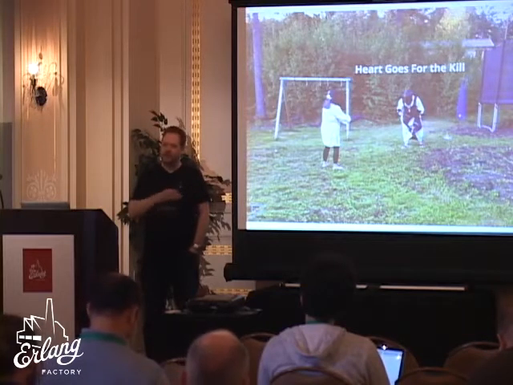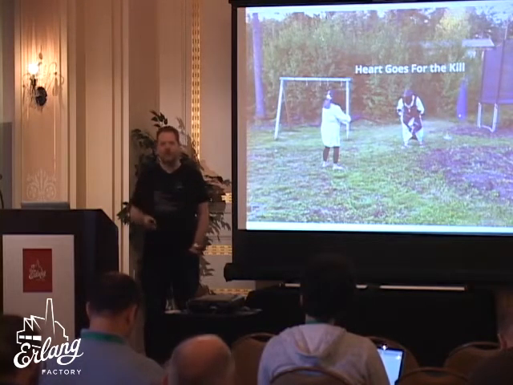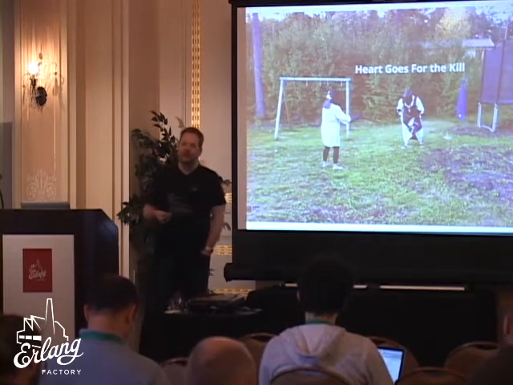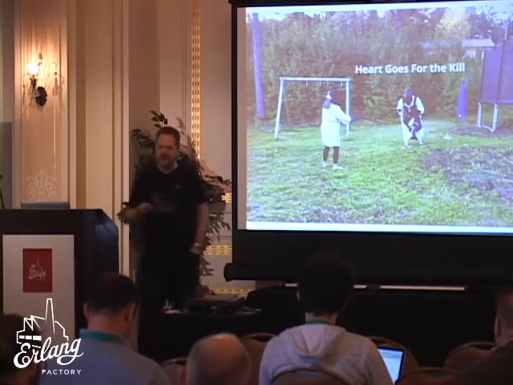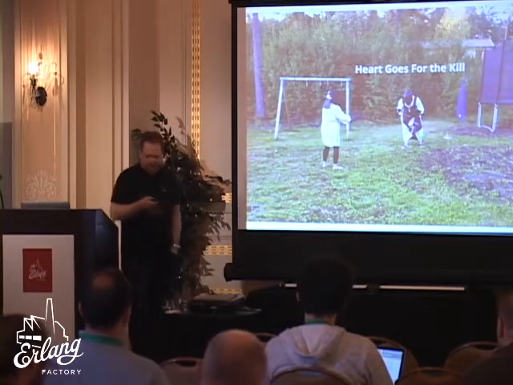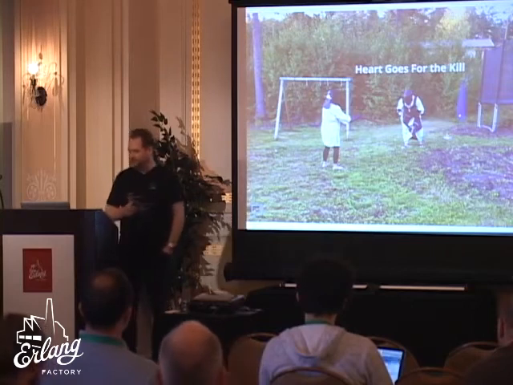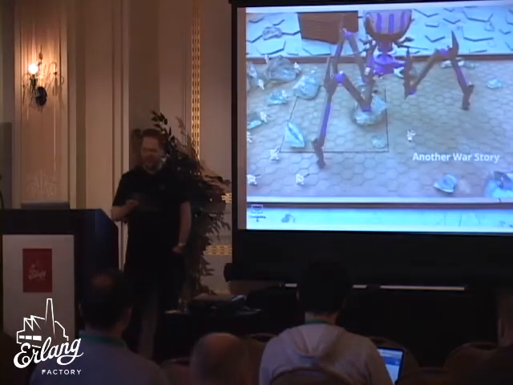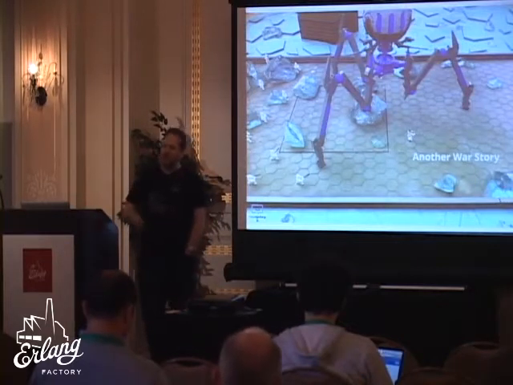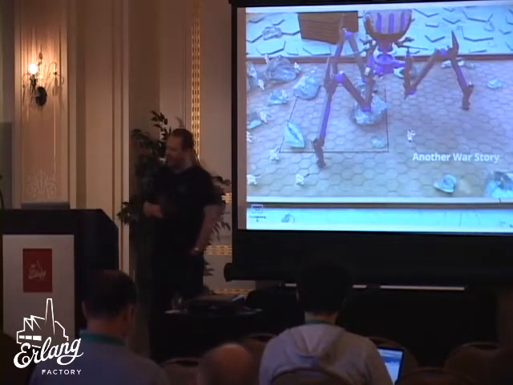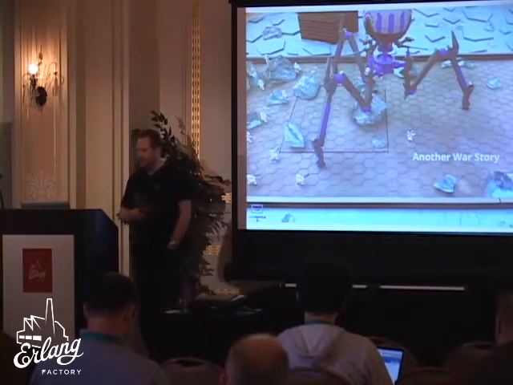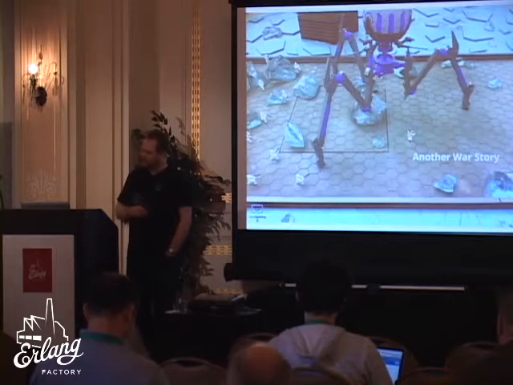But since there was only one scheduler running, only one process running, there was no one answering Heart's pings. So then Heart decided, this node is dead, I will kill it for real, and just brought it down. Took some time to find that bug. It was quite an easy fix, then we just bumped the reductions in each iteration in Mnesia. We'll get to that in a short while.